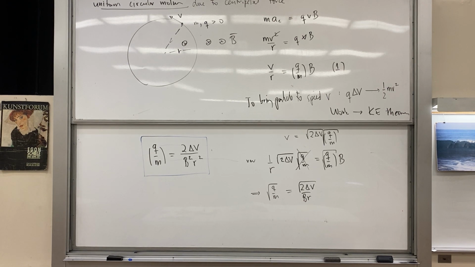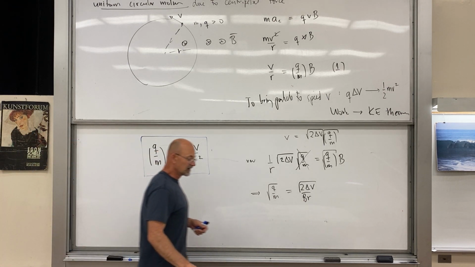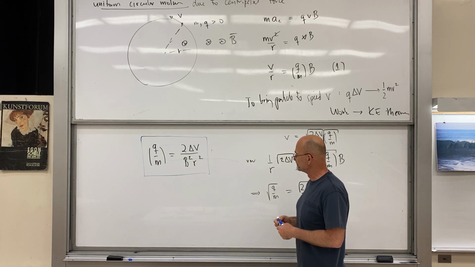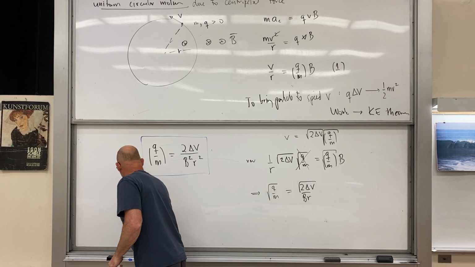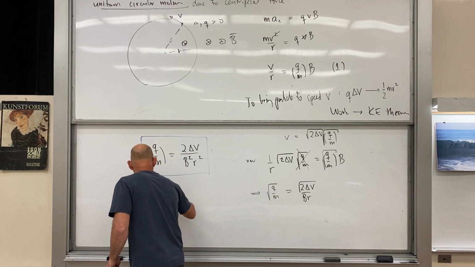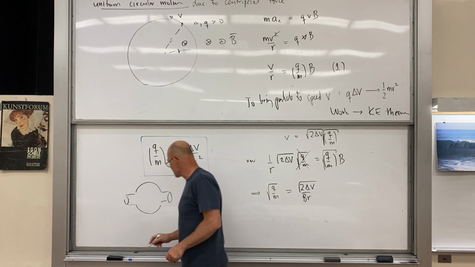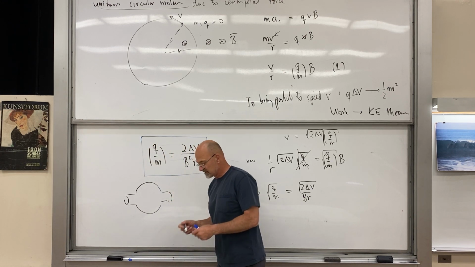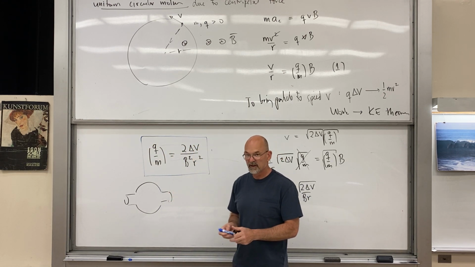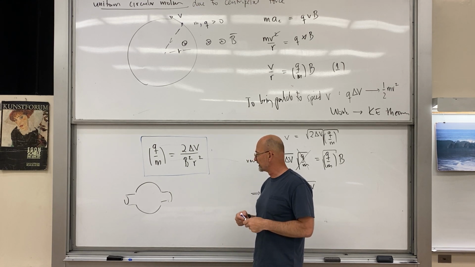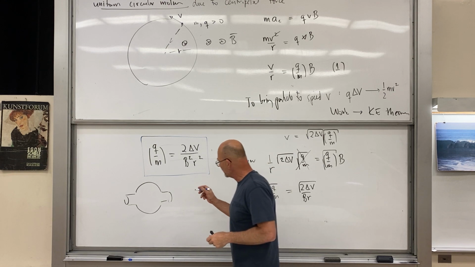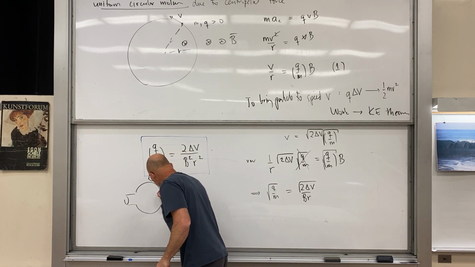I'll just draw a little picture underneath here. What we have is that vacuum tube there, and that has all of the stuff inside. What I can't show you without a very darkened room and some different setup is that we accelerate our electrons.